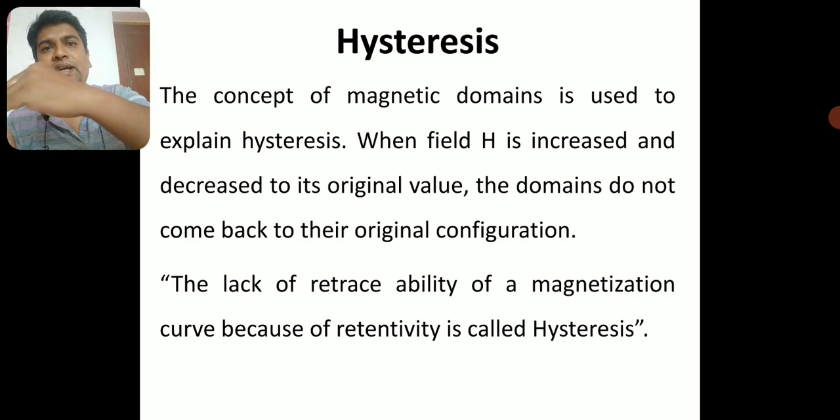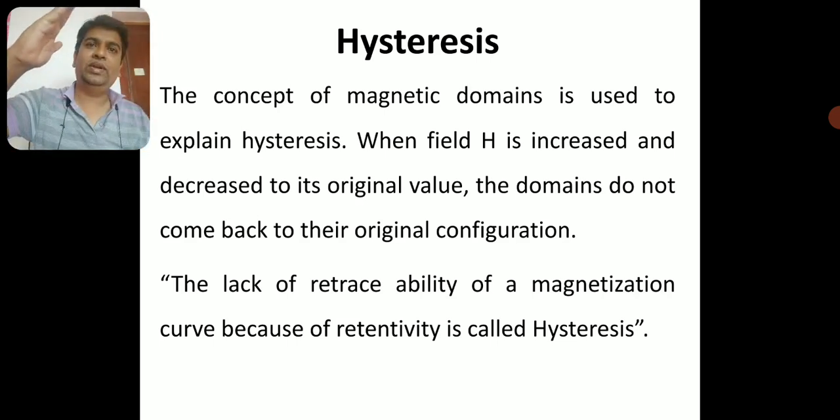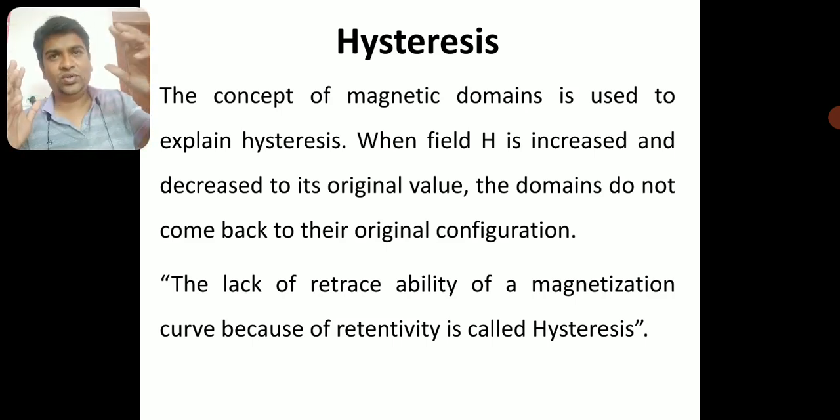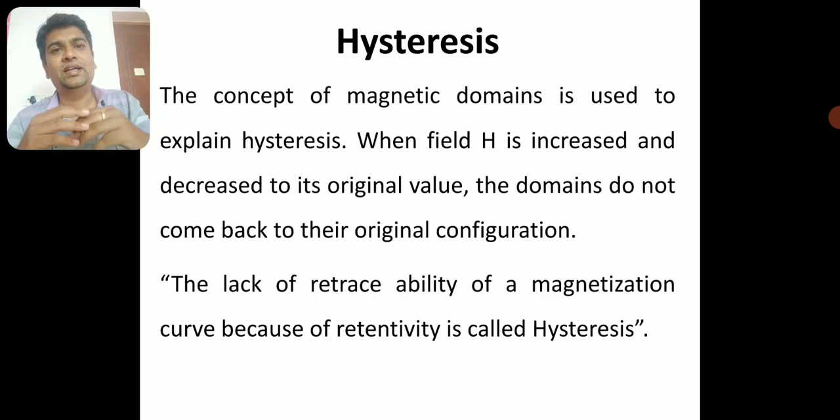It is not retracing exactly the same path by which it was raised. Magnetization is raised when your field is increased, but when your field is decreased, it does not exactly retrace the path. This is the lack of retraceability of the magnetization curve.